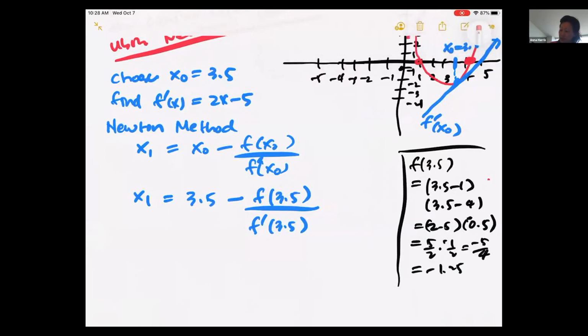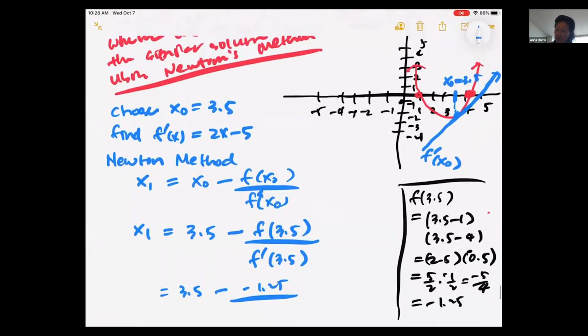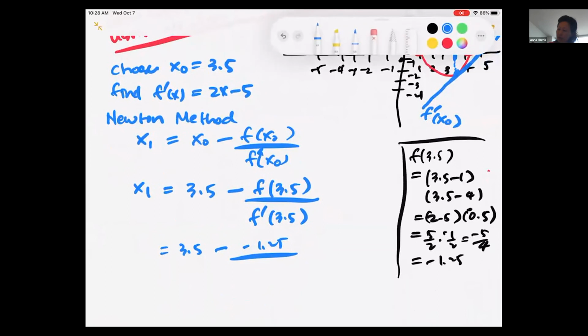So I have this is equal to 3.5 minus negative 1.25, everything over f prime of 3.5. f prime is right here.